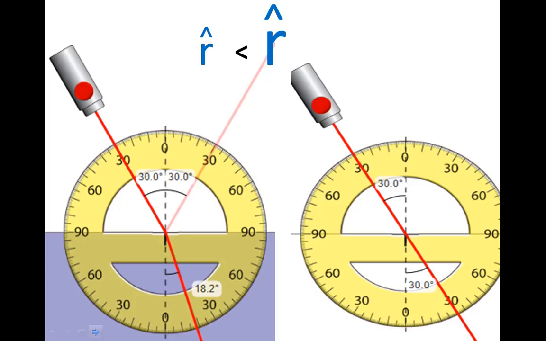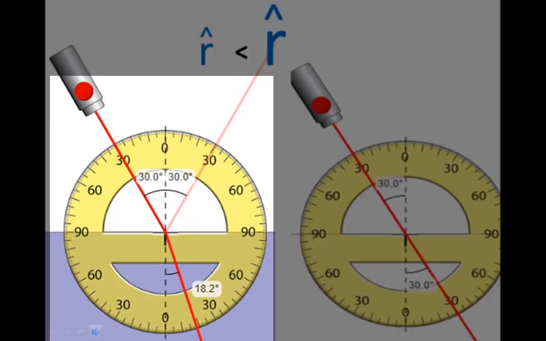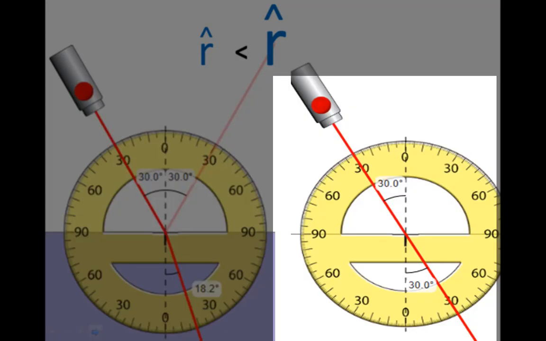Now remember that for light traveling from an optically less dense to an optically denser medium, the light is refracted towards the normal, and as a result, a small angle of refraction actually means more extent of refraction. As you can see here, on the left, we have the light being bent. It's not just going straight through. Whereas on the right, the light is not being bent at all, it's just going straight through.